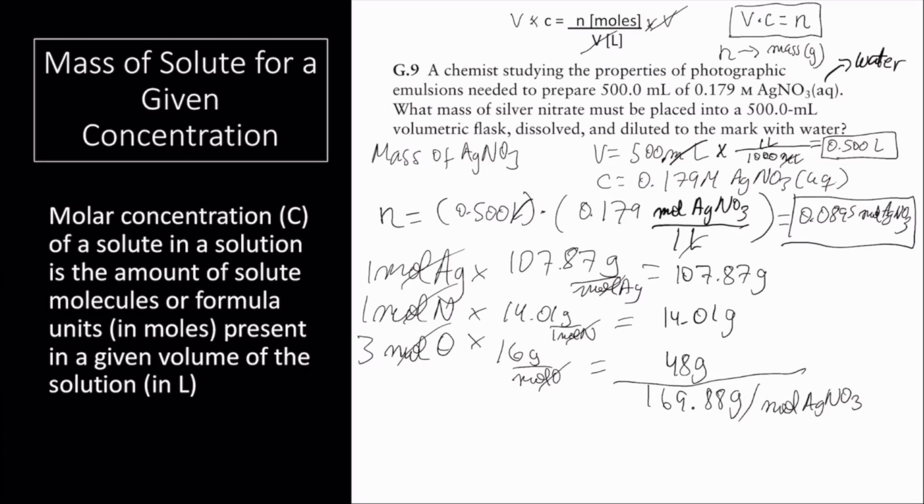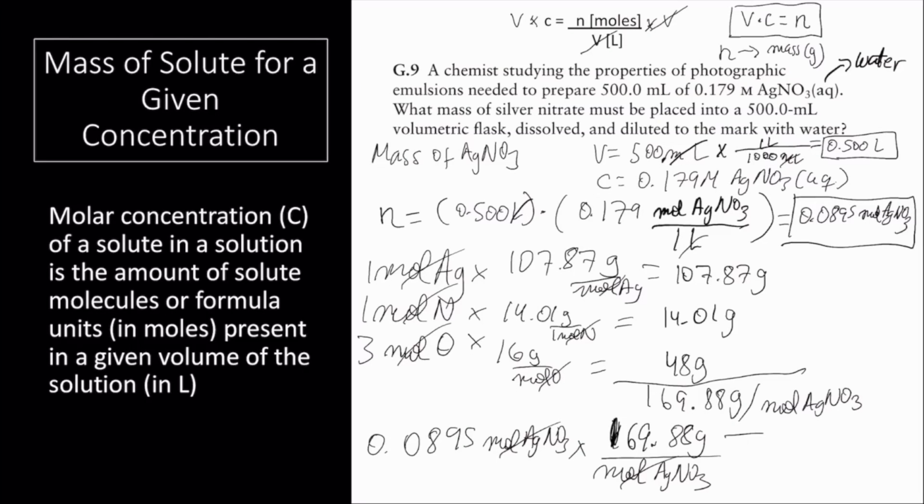Okay, so with this calculated molar mass, we can get the grams of silver nitrate. So we have this number of moles of silver nitrate, and we multiply times 169.88 grams of silver nitrate for every mole of silver nitrate.